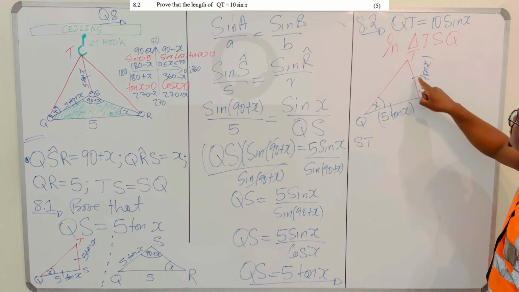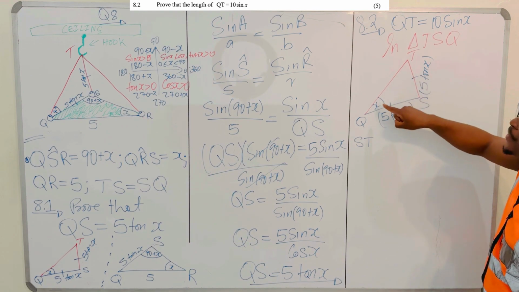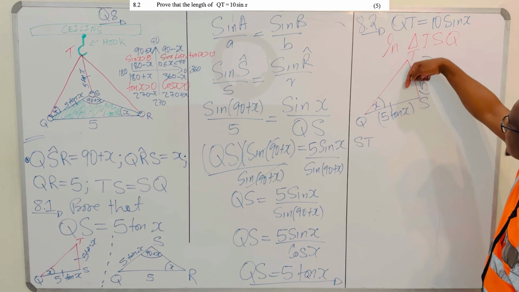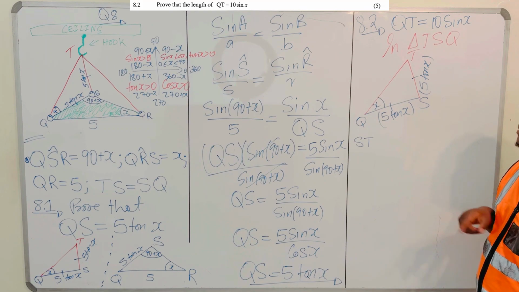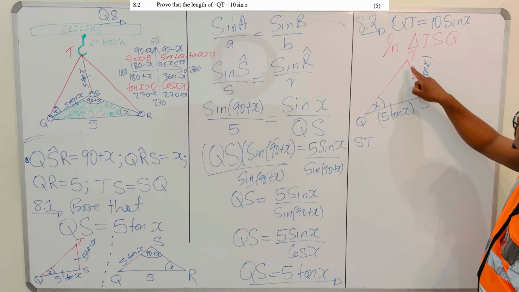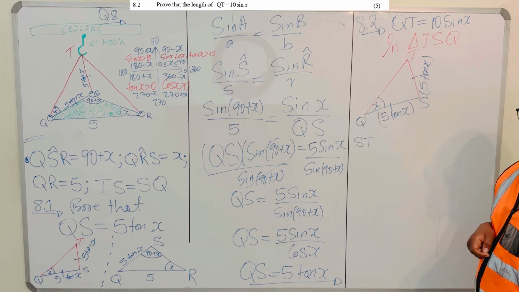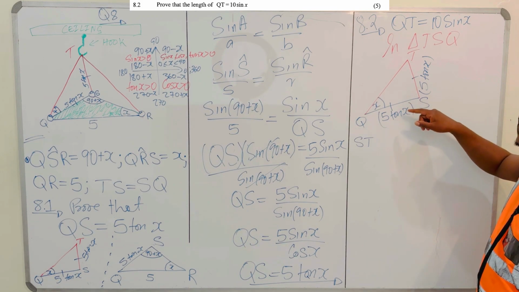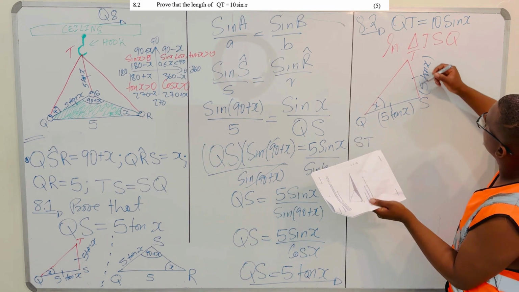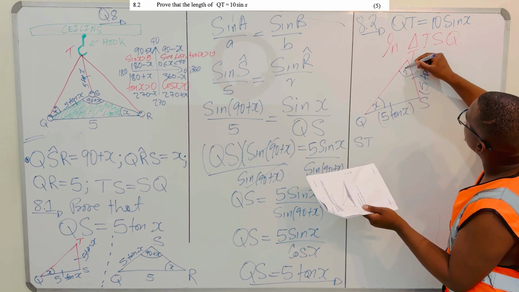So if these are equal sides, then these will be equal angles, because these are angles opposite equal sides. This angle is opposite that one, and this angle is opposite that one, right? So this angle over here should also be x.